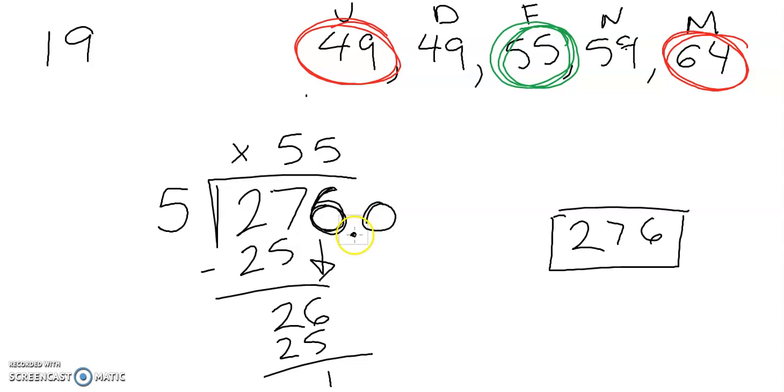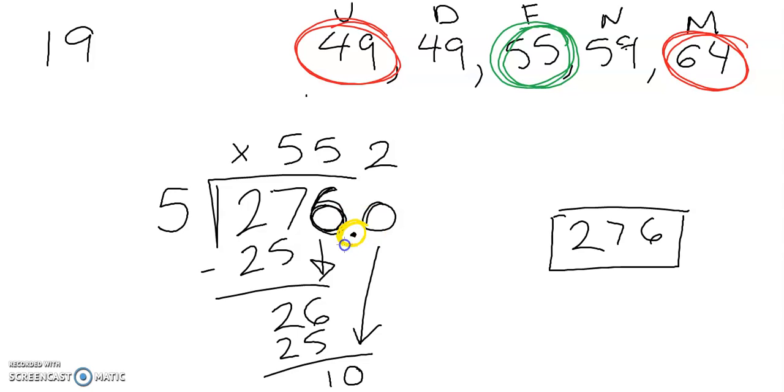So we have to add the decimal in order to add the 0 to drop down another number. 5 goes into 10 2 times, and that is going to be all because 5 times 2 is 10. 10 minus 10 is going to be 0. So there's my remainder of 0.